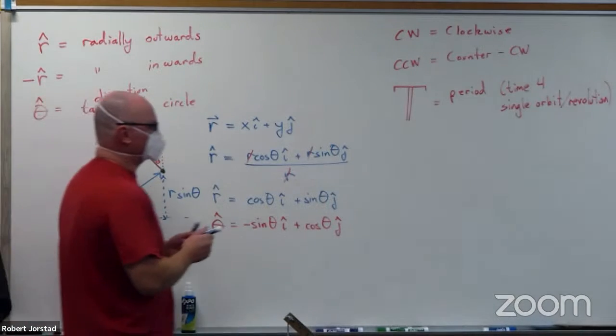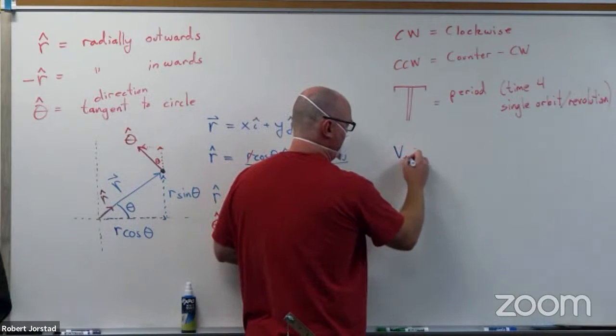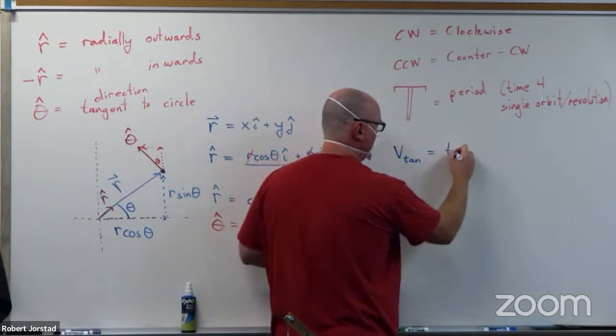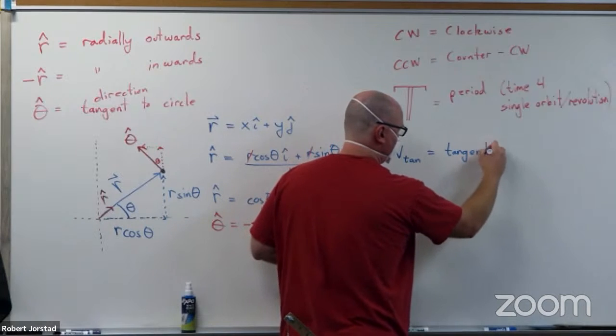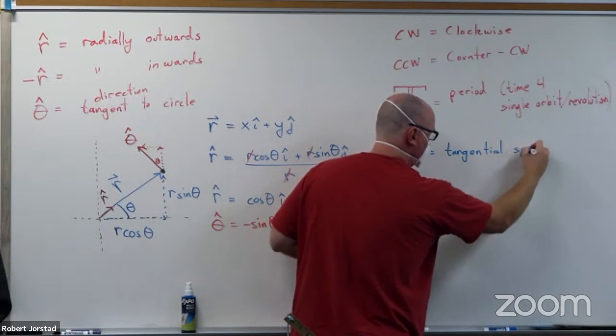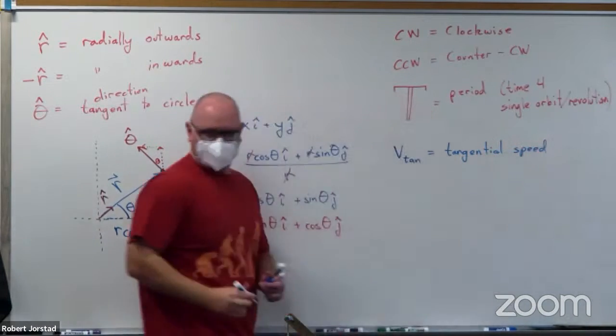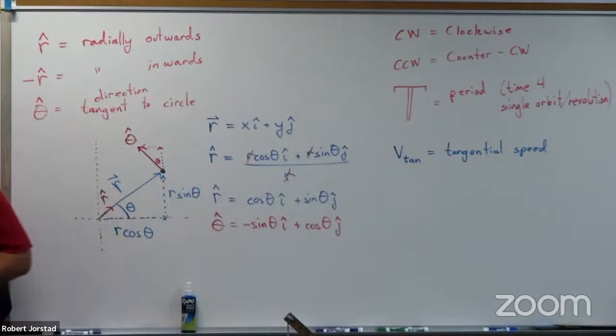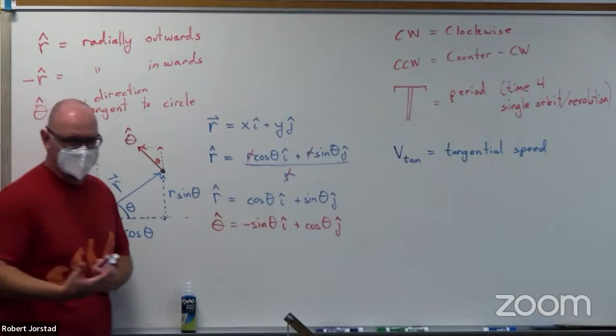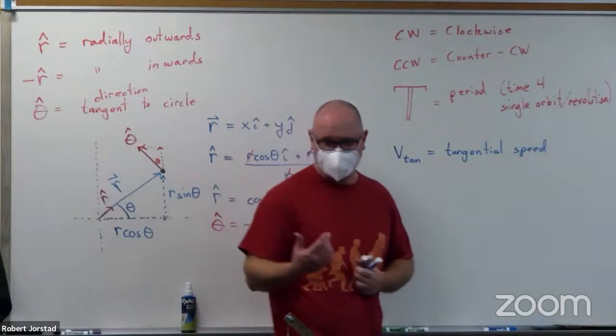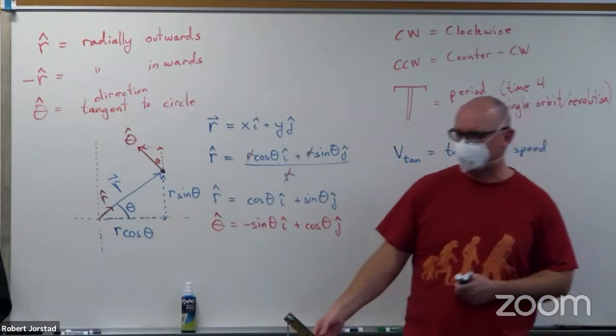Now we're going to see some other symbols. We already talked about tangential acceleration. We're going to talk about tangential speed. And for the most part, in this class, we're going to talk about circles with a fixed radius. But it turns out, if you're in a dynamics class, the radius of a circle could change, right?